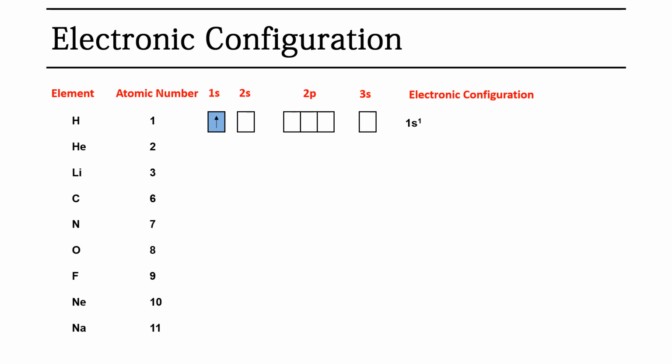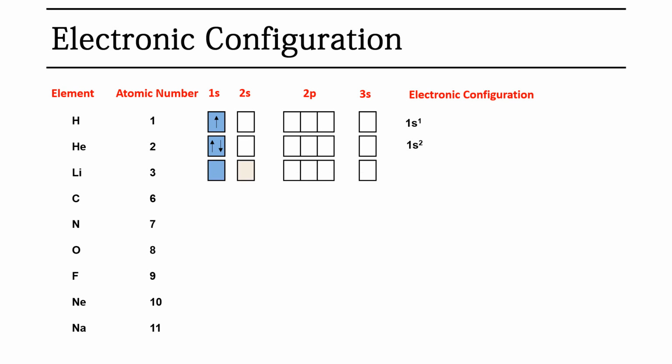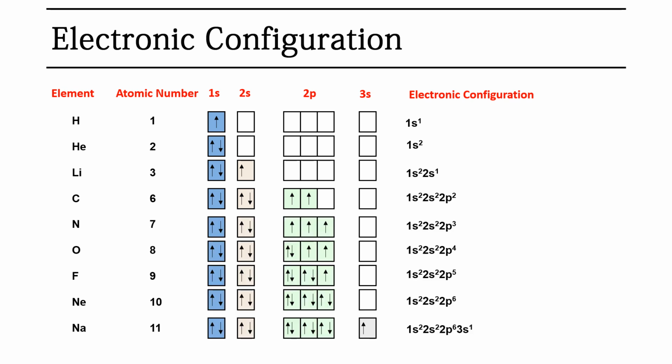Helium contains 2 electrons in the 1s orbital, so the configuration is 1s2. Lithium has 3 electrons, so the electronic configuration is 1s2 2s1. For carbon, the electronic configuration is 1s2, 2s2 and 2p2. Those are the 6 electrons that exist in carbon in the ground state.